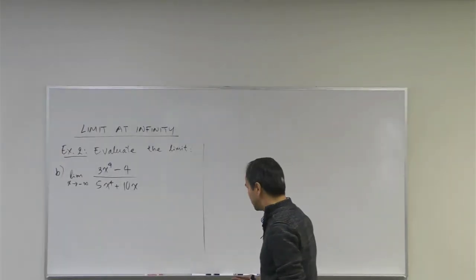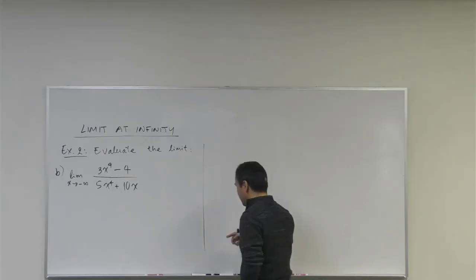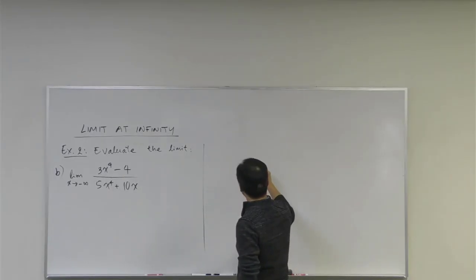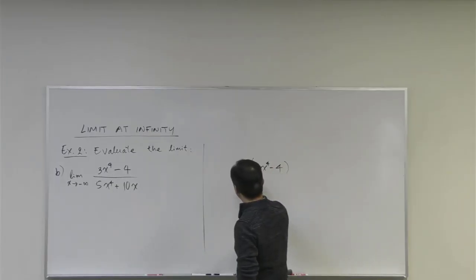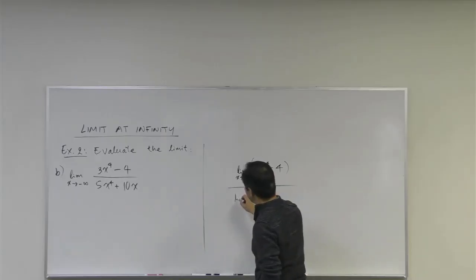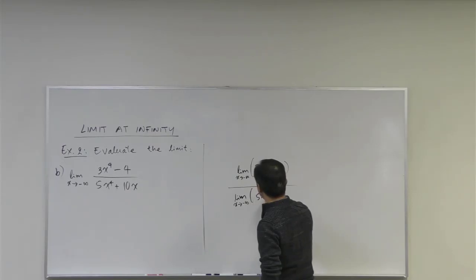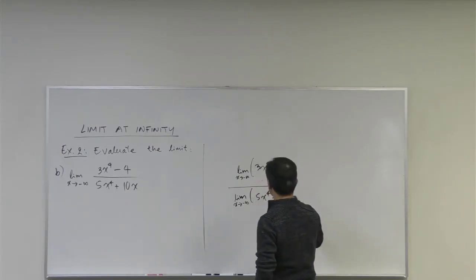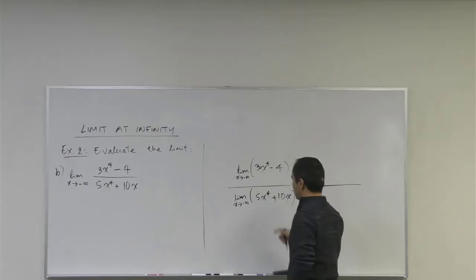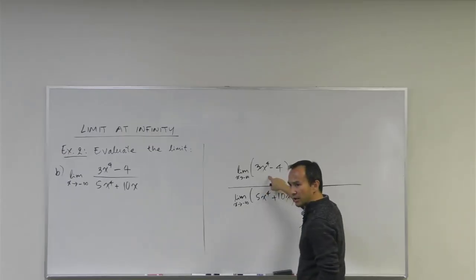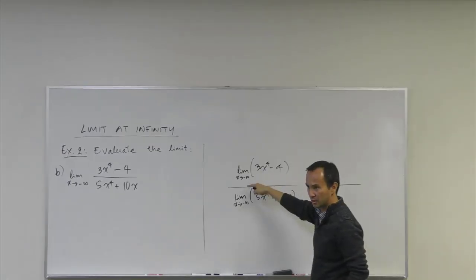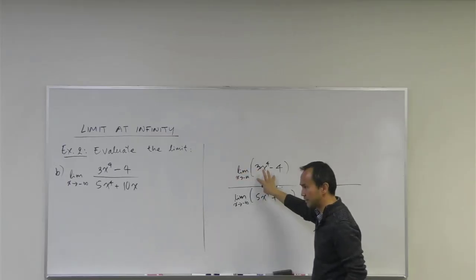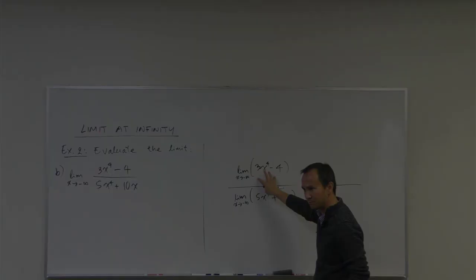Now with some quick insight, you can see that if you apply the limit laws immediately, the limit of 3x to the 4th minus 4 as x goes to negative infinity, over the limit as x goes to negative infinity of 5x to the 4th plus 10x, will this give you an answer? Individually, what does each one give? Left-hand behavior. What will be the left-hand behavior of this polynomial?